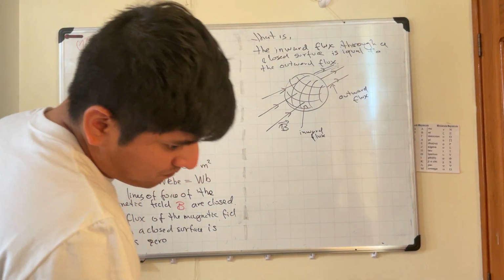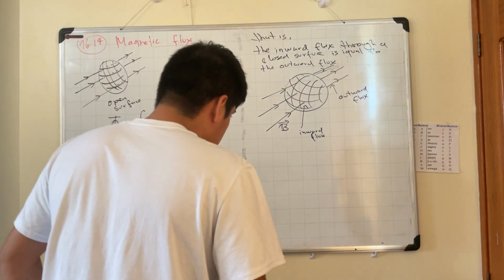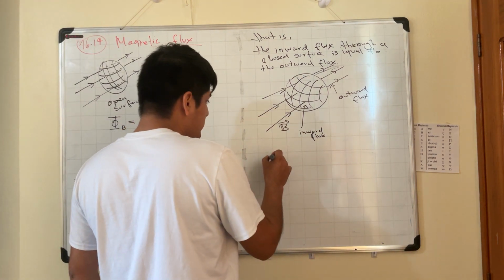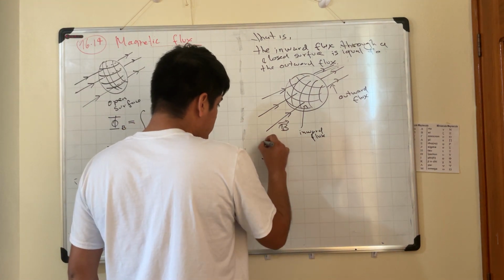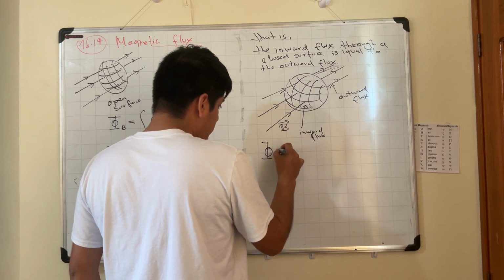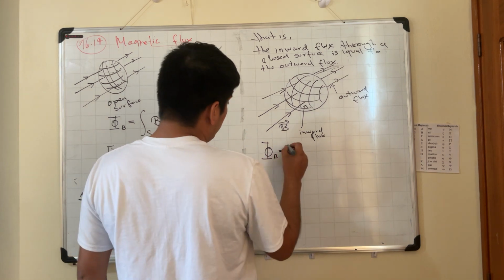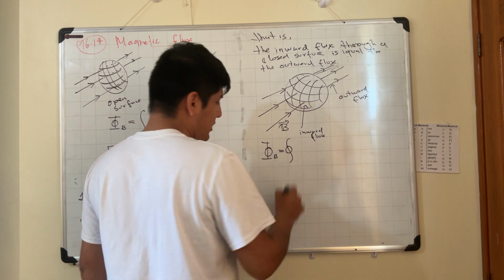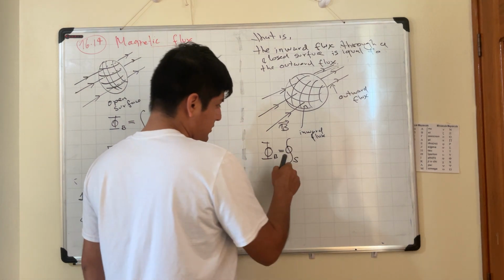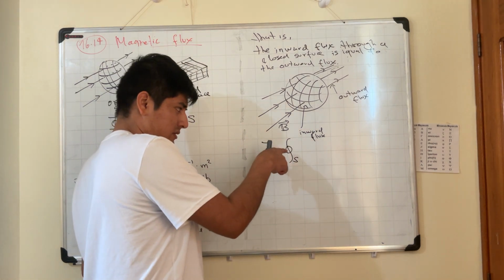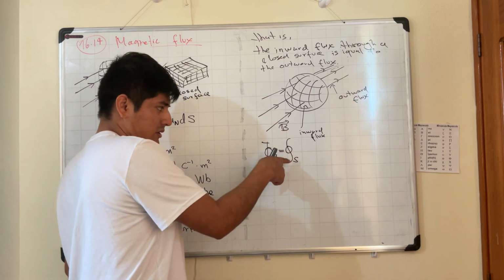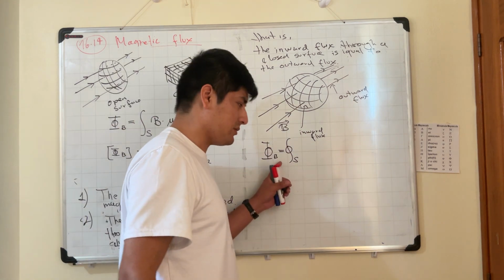So mathematically we can write the magnetic flux around a closed surface. This integral means that it's a closed surface.